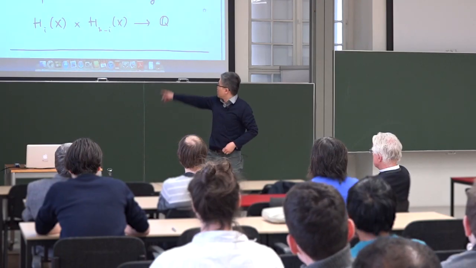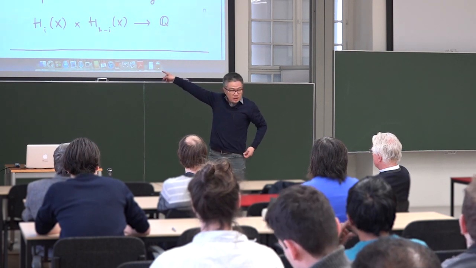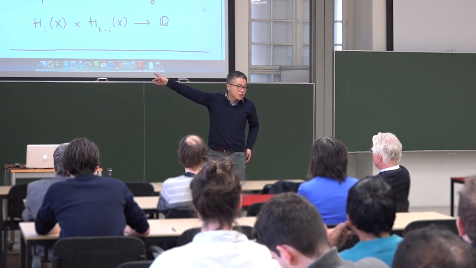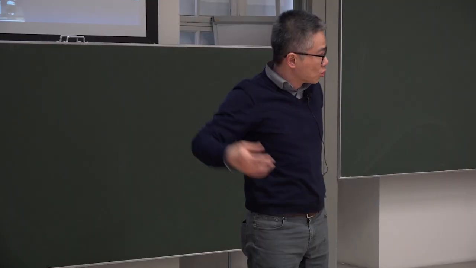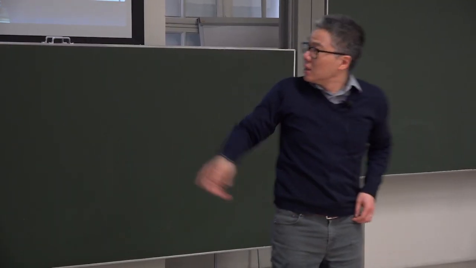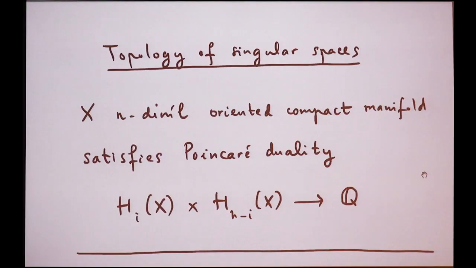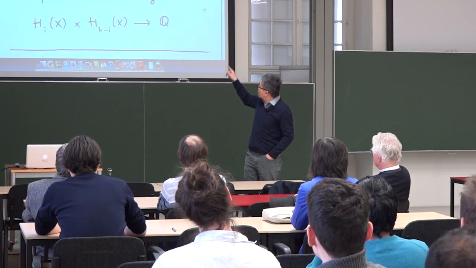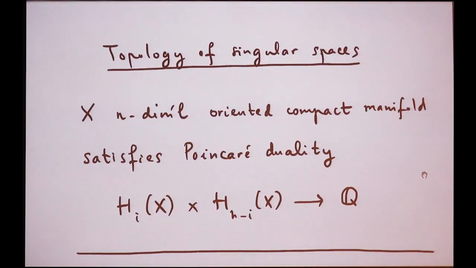It doesn't look so exciting, but it's actually useful. An important tool is the duality: H_i, indexed by integers, and H_{n-i} are dual vector spaces, as long as the manifold is compact and oriented.